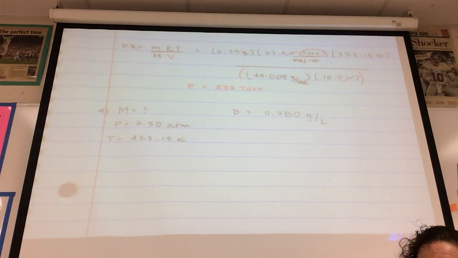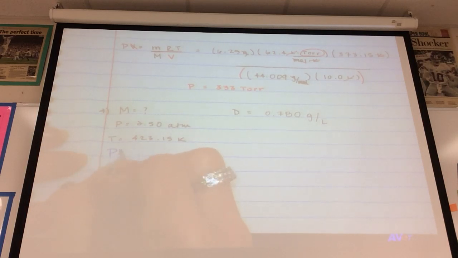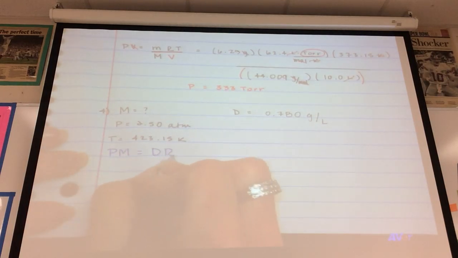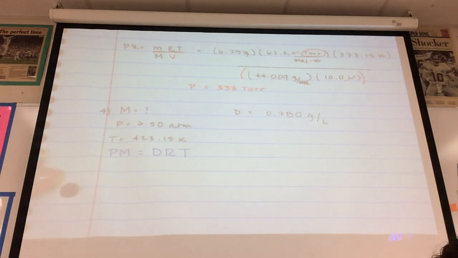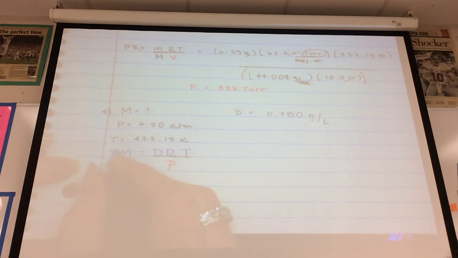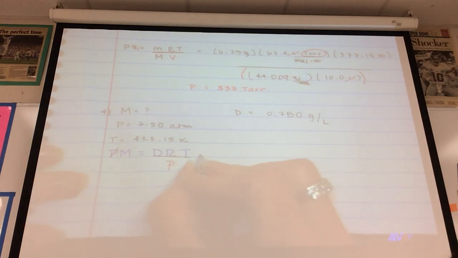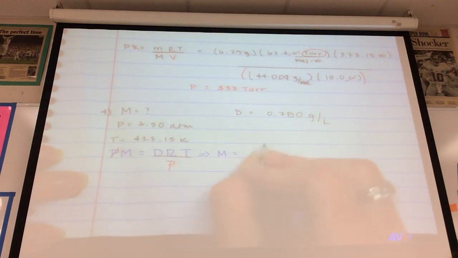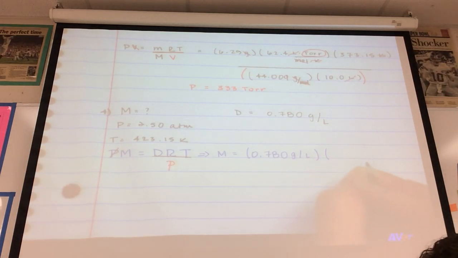So with those variables, what formula should we use? Our dirty one, right? And what do I want to solve for? So I'm going to divide both sides by P. I've got this density. Ooh, which R do I need?